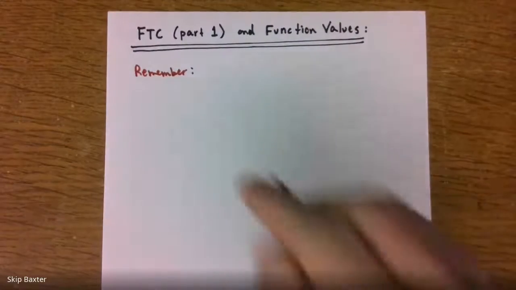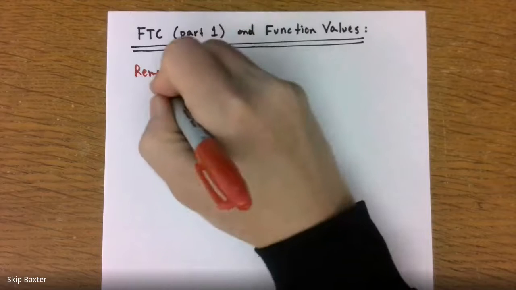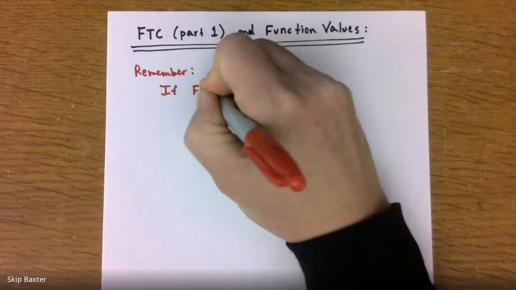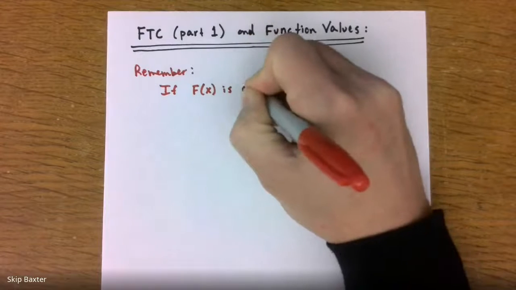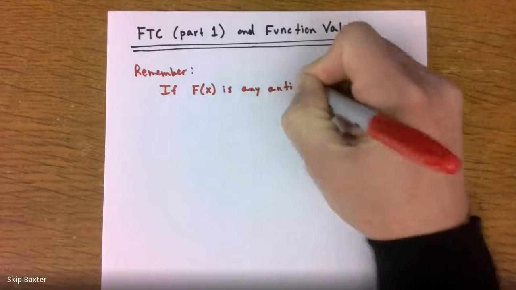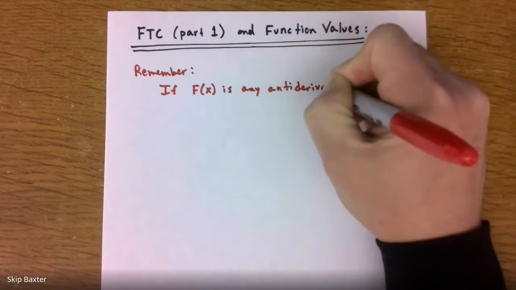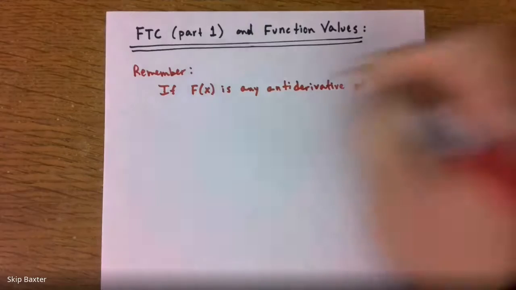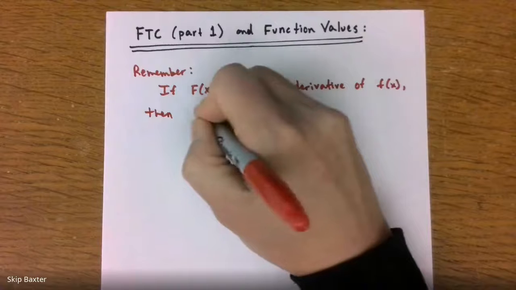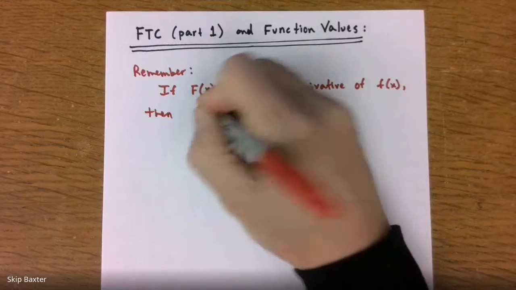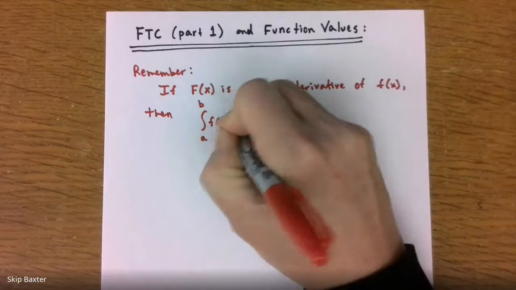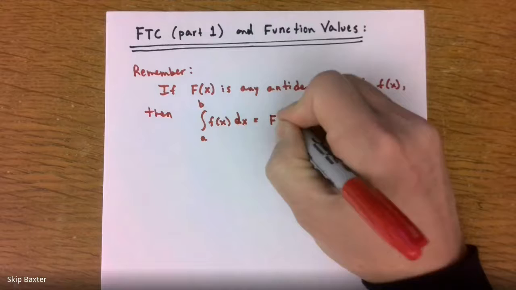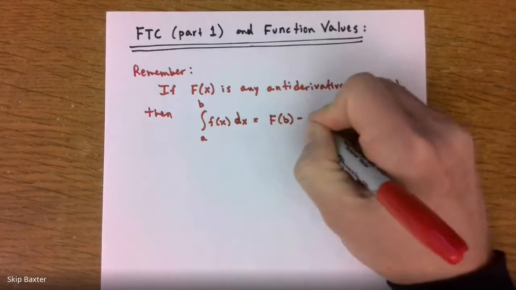FTC Part 1 says if capital F of x is any antiderivative of little f of x, then the integral from a to b of little f of x dx is capital F of b minus capital F of a, right?